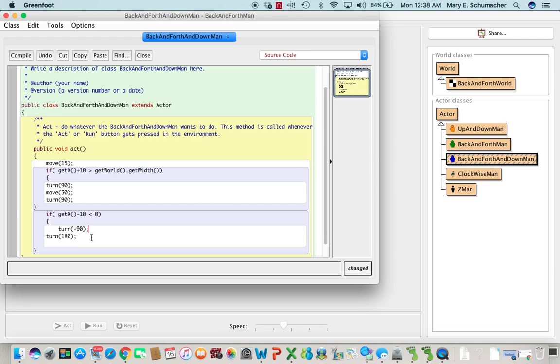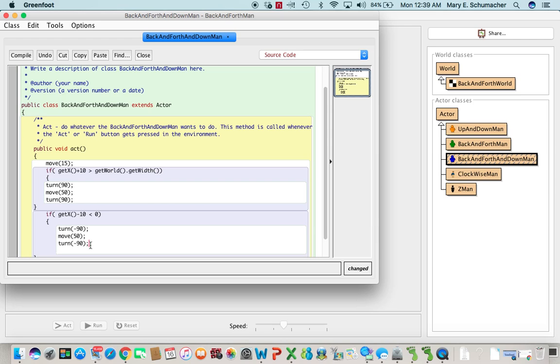Then we will move 50, which will move him to the next row in terms of our checkerboard. And then we'll turn minus 90 again, not 90 again, that would turn us right back. And then we'll be heading back across.